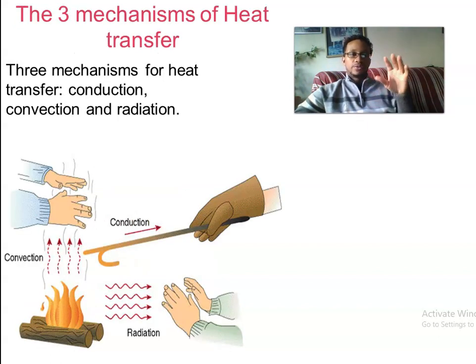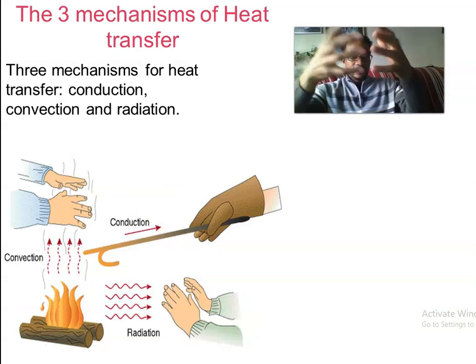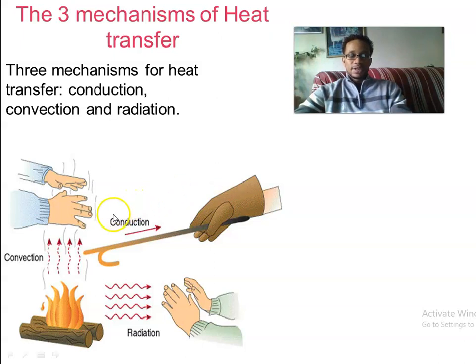Now, just a review of the three mechanisms of heat transfer. Let's put them all together now. We discussed the first one, conduction. We see an example of a person poking the logs of a fire with a metal pole, and the heat is transferred from the fire into the pole directly.